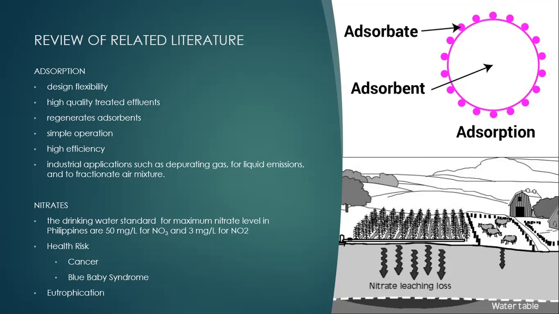So adsorption is the chosen method for nitrate removal due to its design flexibility, high quality treated effluents, regenerable adsorbents, simple operation, high efficiency, and various industrial applications such as depurating gas for liquid emissions and to fractionate air mixture.